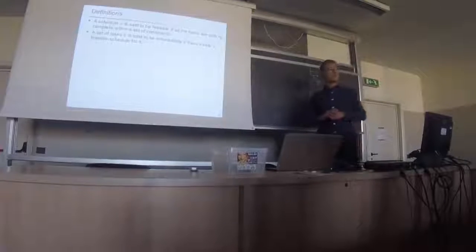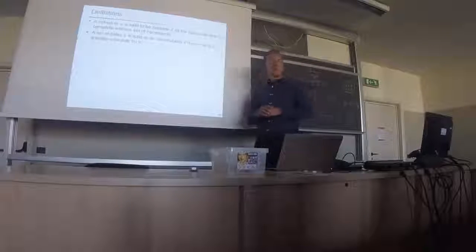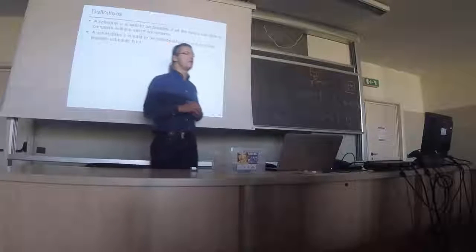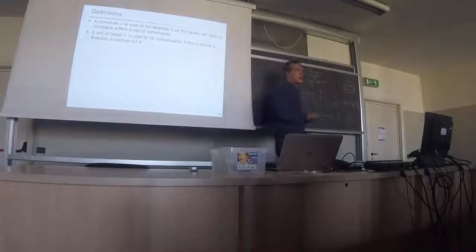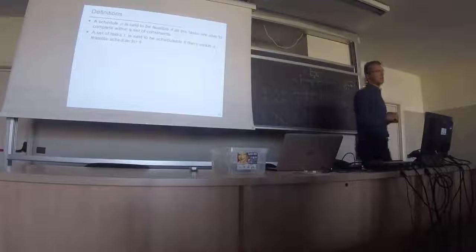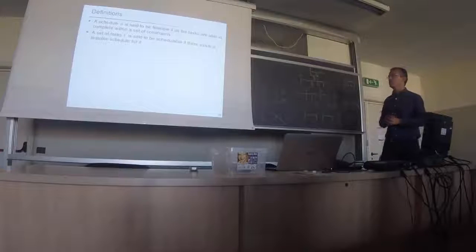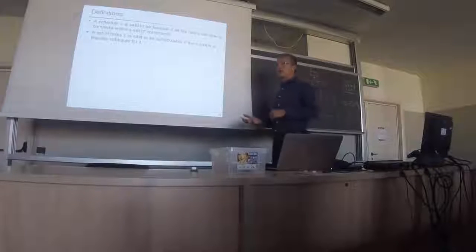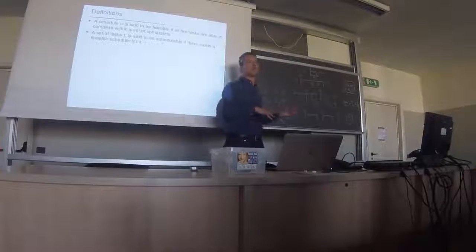Are there many feasible schedules for a task set? That's exactly the case, yes. There may be multiple feasible schedules for a given set of tasks. A task set may be schedulable with earliest deadline first, or with fixed priority, but not with first in, first out, for instance.